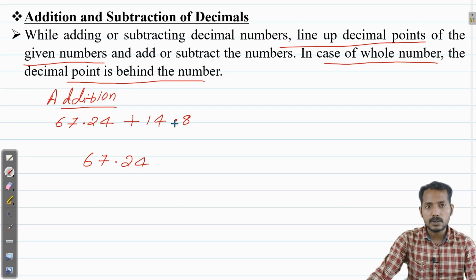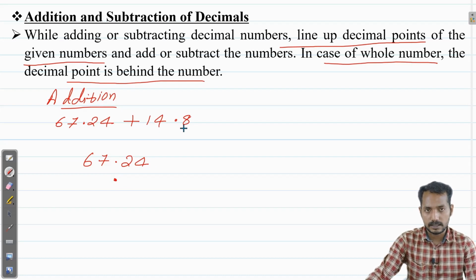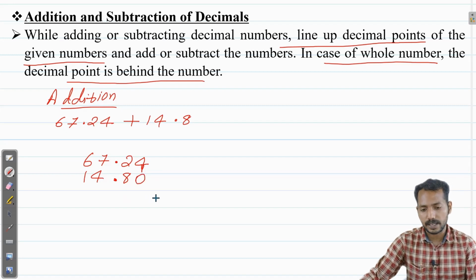Now we have to keep the decimal point of the second number along the same line as the decimal point of the first one. Then write the digits after the decimal point, that is 8, and before the decimal point, these are 1 and 4. There is no digit at the hundredths place in the second number, but in the first number there is one digit at the hundredths place, so keep a 0 here. Clear? Now we can add.